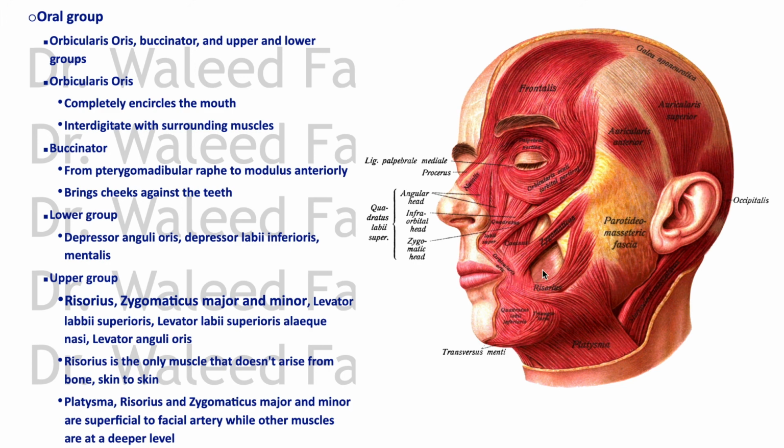The buccinator, we all know about the buccinator now, that arose from the pterygomandibular raphe. Remember that? The common origin for superior constrictor and the buccinator anteriorly. And we said that it goes lateral to the teeth, grooving the mandible as it emerges laterally, and goes anteriorly to insert itself in this. See this node here? This is called the modiolus.